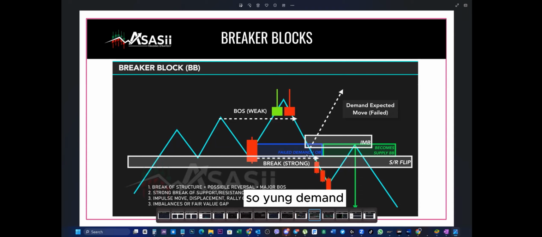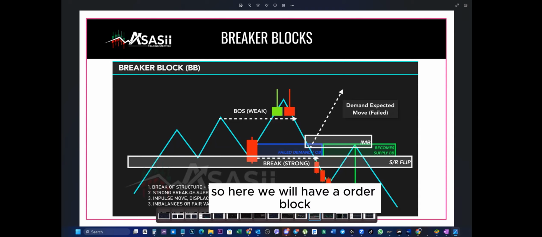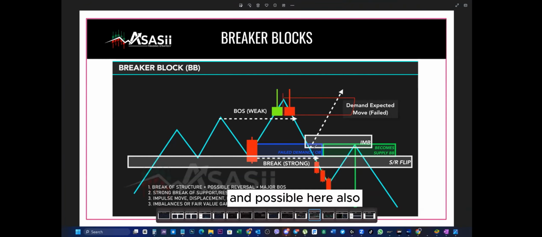So, yung failed demand o yung OB natin. So, here, magkakaroon din tayo ng order block. Pero meron din dito or dito. And there are times gagana ang breaker block. Yung failed natin na OB nung nakaraan.